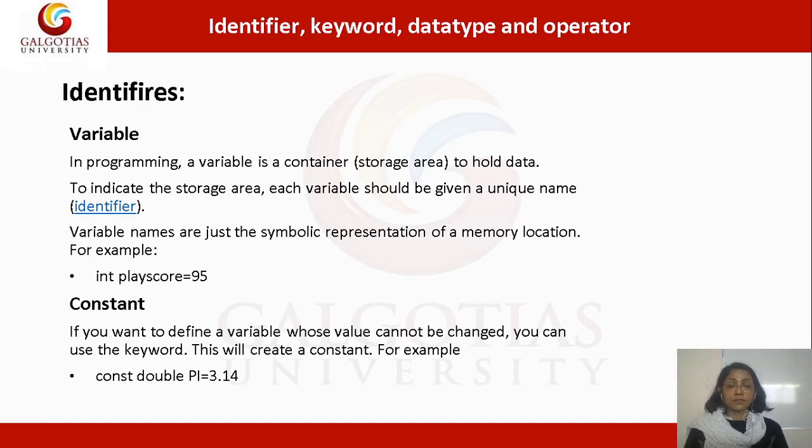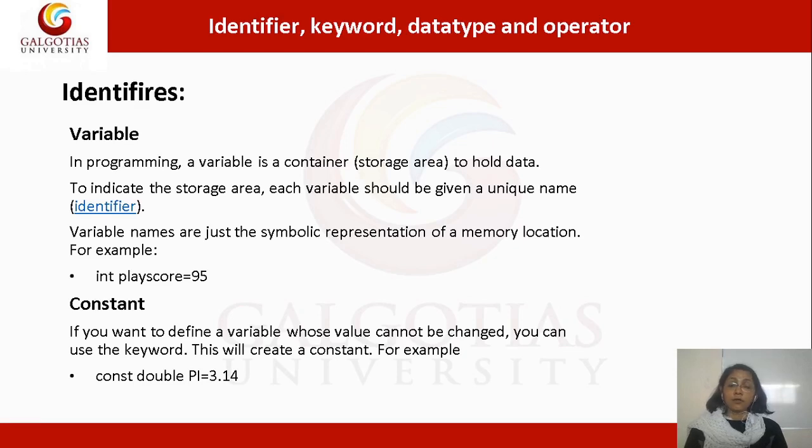And the value that is being stored in that location is 95. How much space is being used is determined by the type of the identifier, in this case, int. If it is int, the amount of space that will be allocated will be different; for float, the amount of space will be different. So depending on your requirements, you are supposed to write down the type of your identifier.